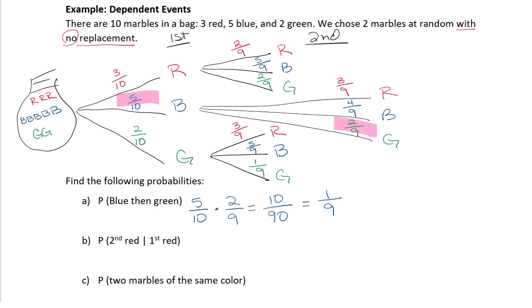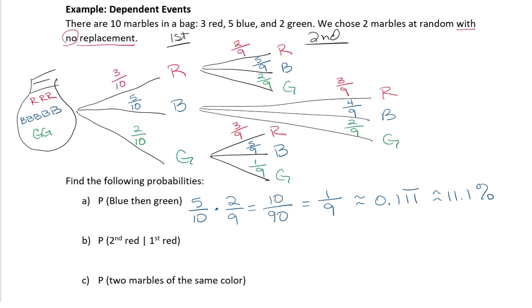If they ask for a decimal, you could put it in, and it's approximately 0.111 with the ones repeating, or 11.1% chance.